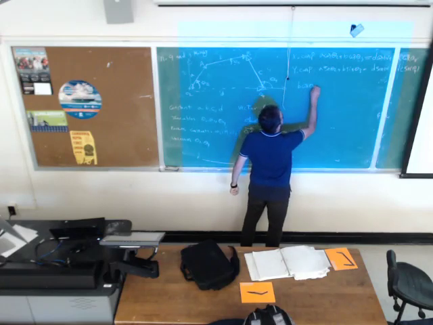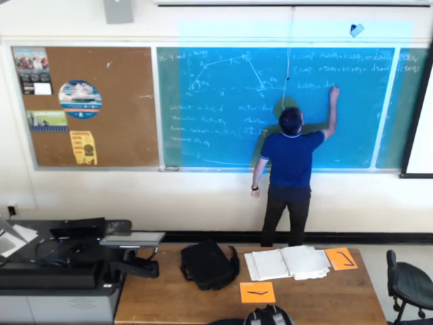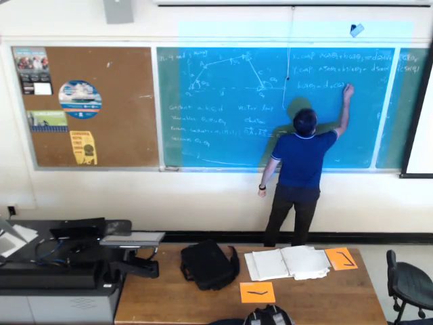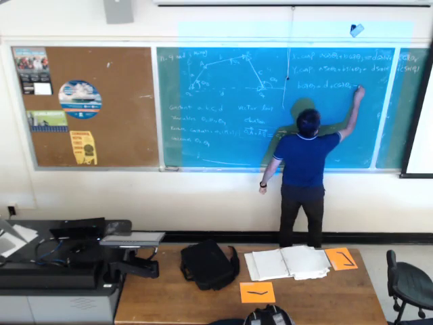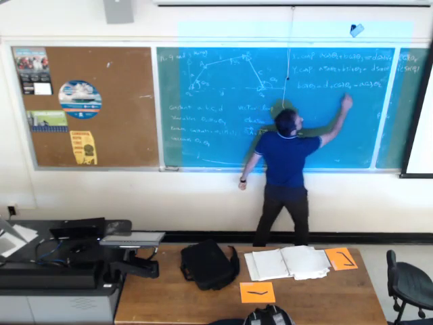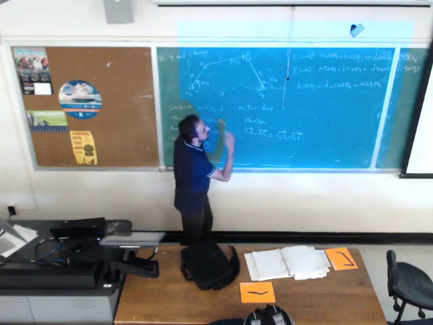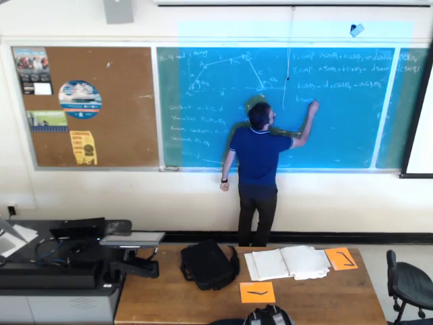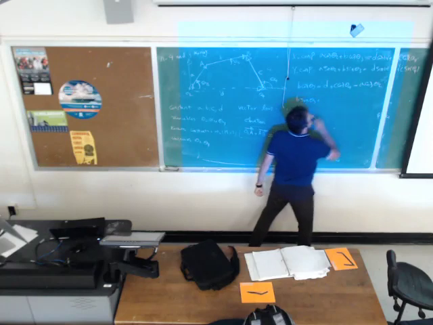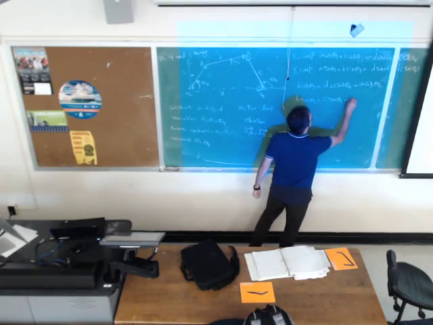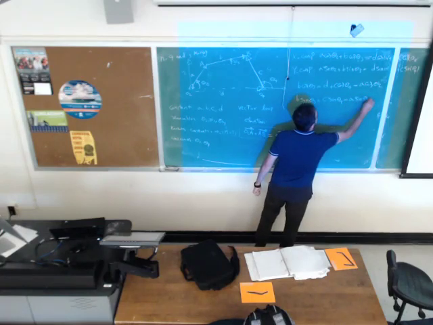B cosine of theta 3 equals D minus D plus C cosine of theta 4 minus A cosine of theta 2. When I move this term to the other side, it is going to be negative. B sine of theta 3 equals D sine of 0, which is 0, so I get C sine of theta 4 minus A sine of theta 2.